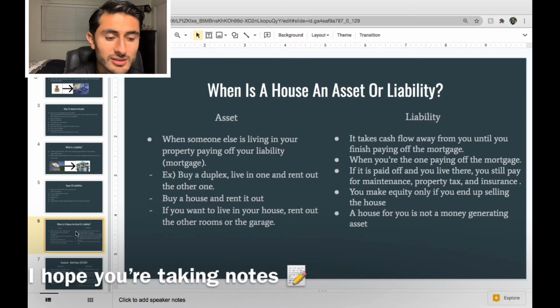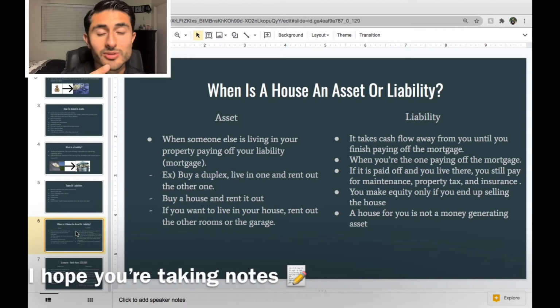Okay, now let's talk about why and when a house is a liability. So a house is a liability because it takes cash flow away from you until you finish paying off the mortgage. So what does that mean? I'll give you an example. If you have a mortgage of, let's say, $2,000 a month, those $2,000 that you're paying for your mortgage, well, one, is taking money out of your pocket, so that's a liability.